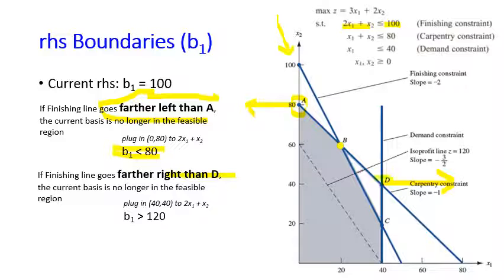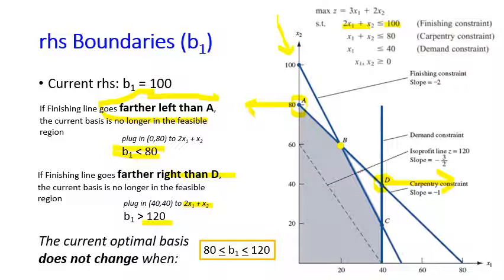The point D is (40, 40). You plug into 2x1 plus x2, you will get the value of the right-hand side 120. Any value that is greater than 120 will make the finishing constraint go farther right than point D.